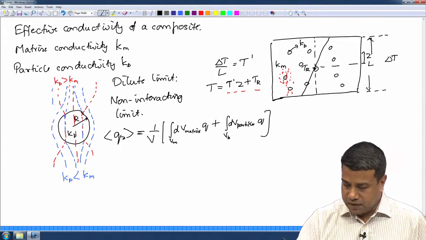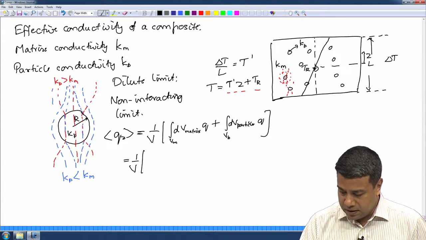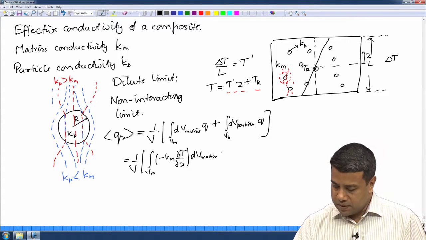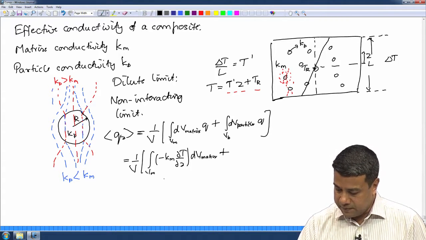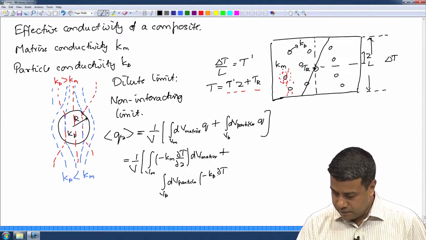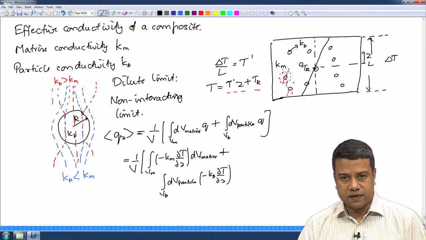If I were to expand this out, since each one satisfies the conduction equation, I will get the integral over V matrix of minus K matrix partial T by partial Z over the matrix, plus the contribution over the particles. So, that is the average flux.